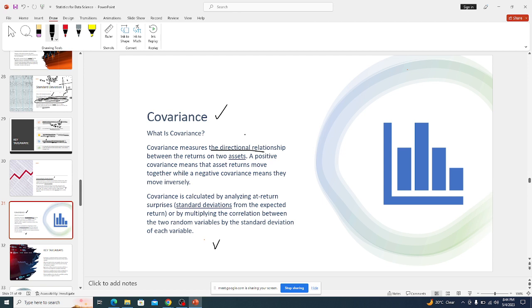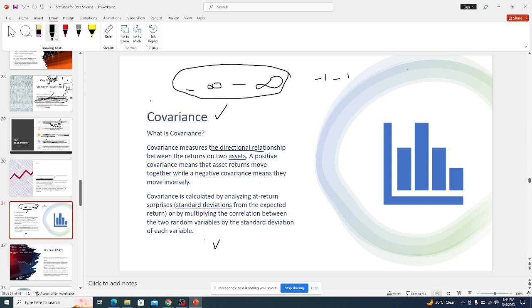One thing I want us to know is that the value of covariance can range from negative infinity to infinity, unlike correlation, where the value ranges from negative 1 to 1.